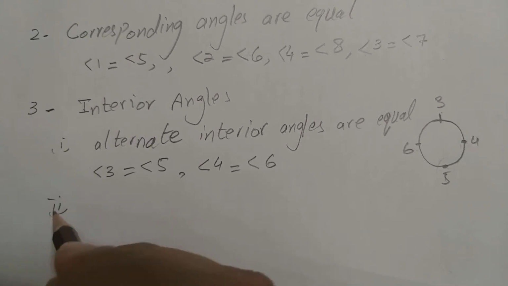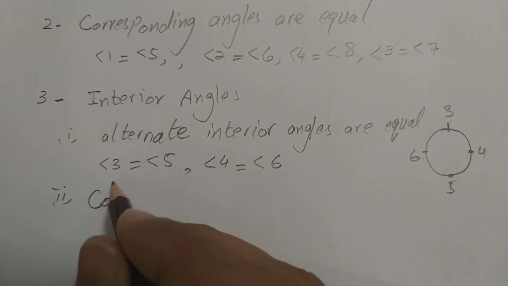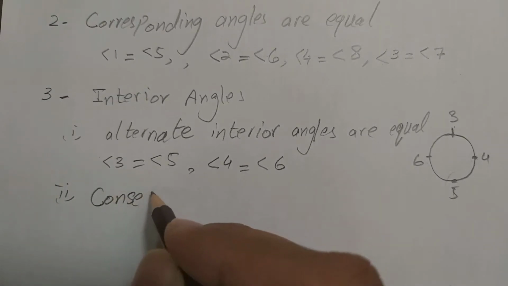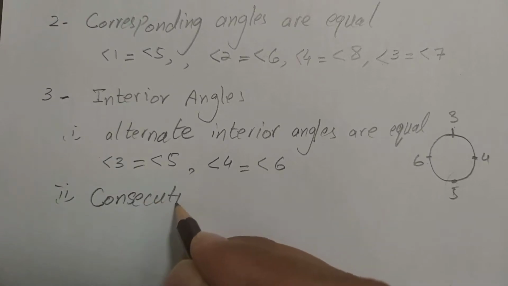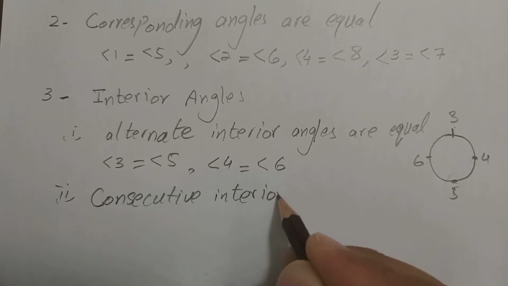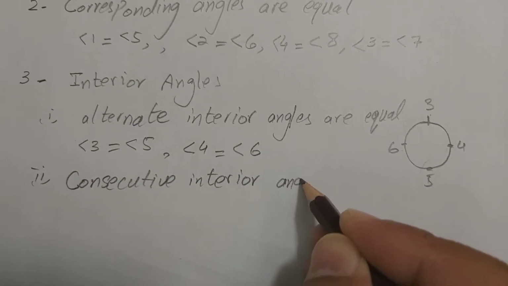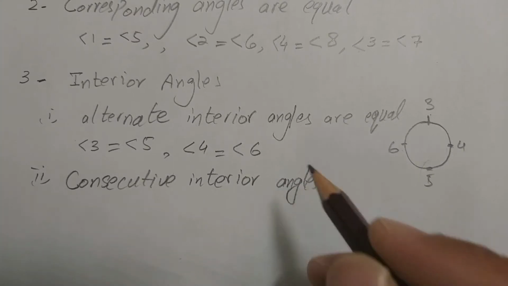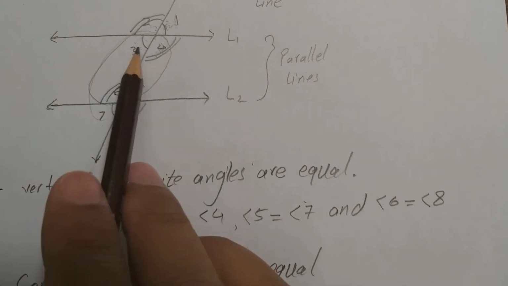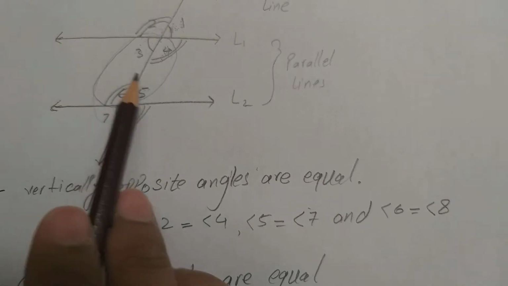The second, we can say, consecutive interior angles. So what are the consecutive interior angles? Consecutive means beside, and because they are interior, inside, interior inside.